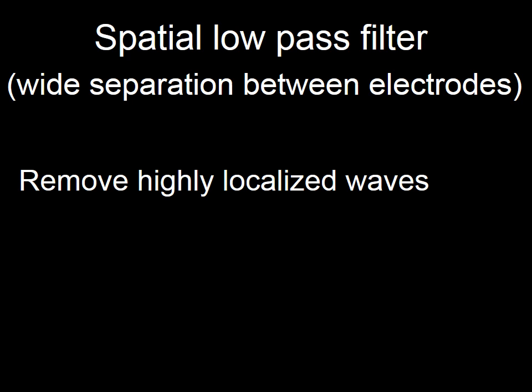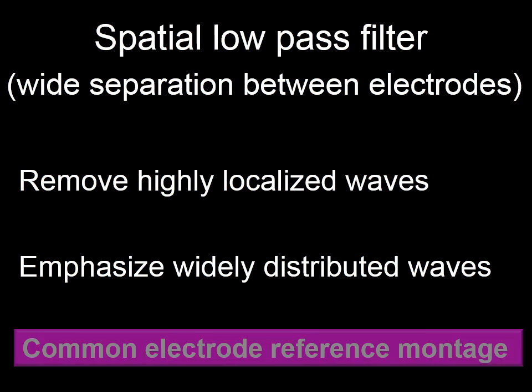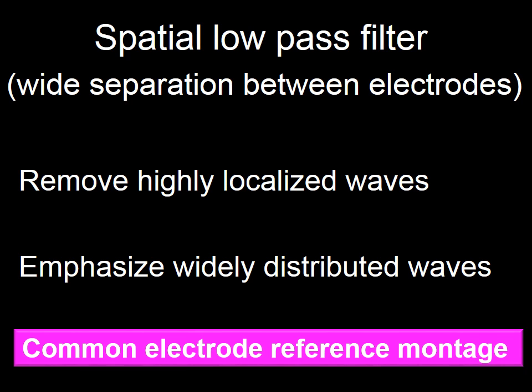They remove or minimize highly localized waves, usually fast waves, and emphasize widely distributed waves, usually slow waves. This is what we typically achieve when we use common electrode reference montage.